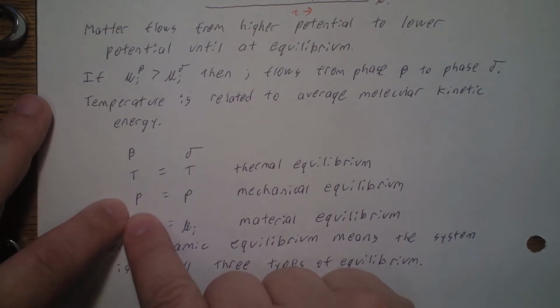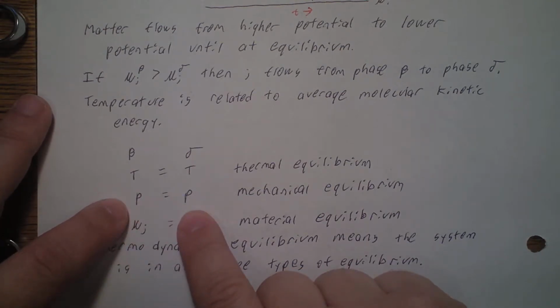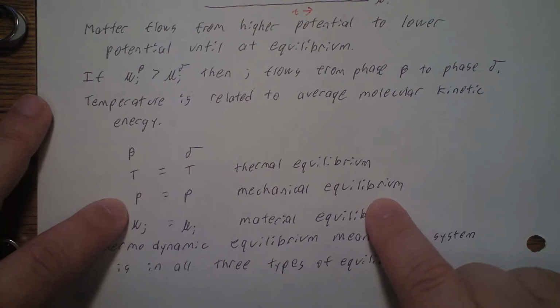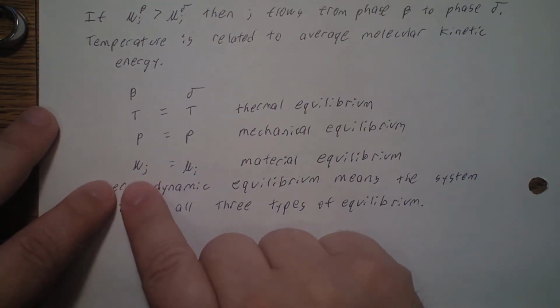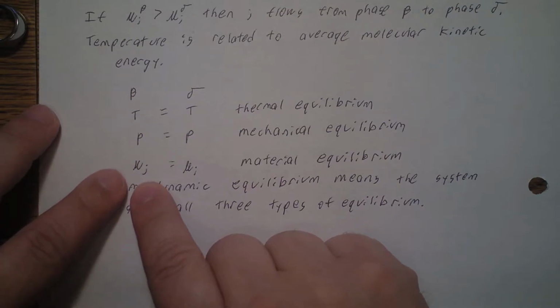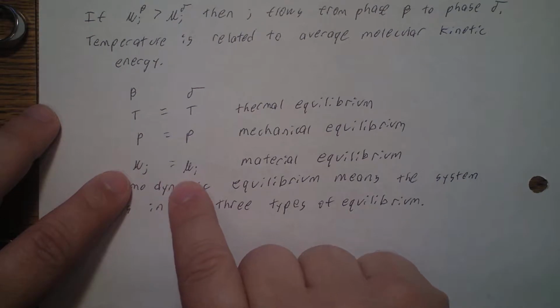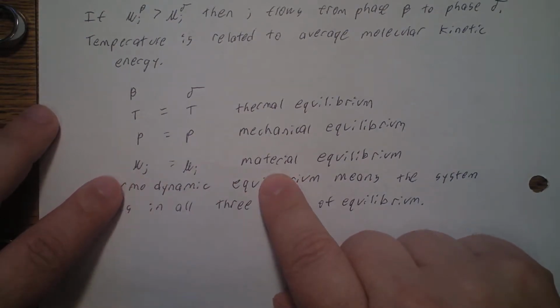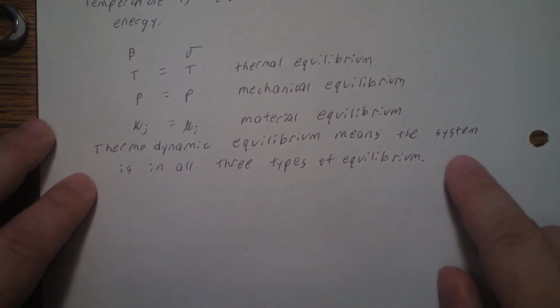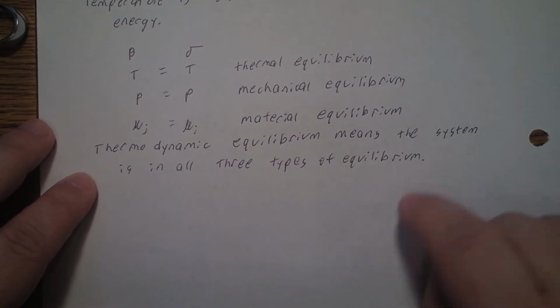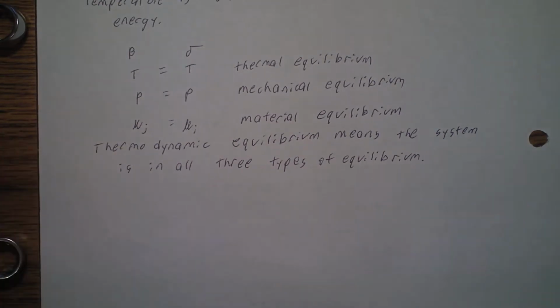If the pressure in phase beta is equal to the pressure in phase delta, then we would say those phases are at mechanical equilibrium. If the chemical potential of substance J in phase beta is equal to the chemical potential of the same substance J in phase delta, then we would say those phases are in material equilibrium. Thermodynamic equilibrium means that the system is in all three types of equilibrium. I think we covered that in chapter 1 or 2, a long time ago.